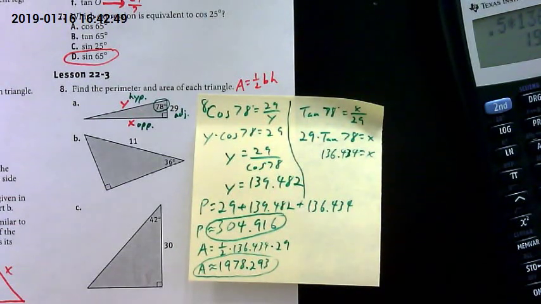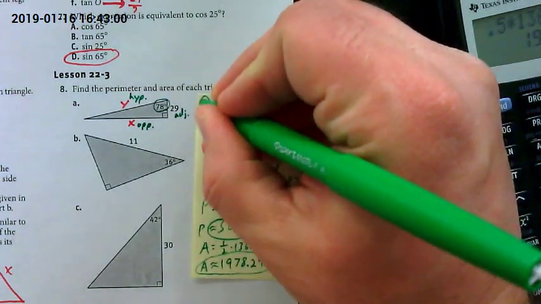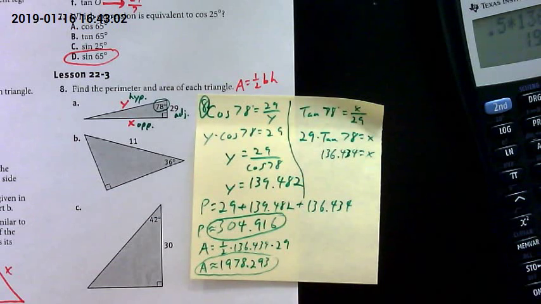B and C. This was for number 3. All right. So again, that's a lot of work for one problem. But again, that's what's required on this one.